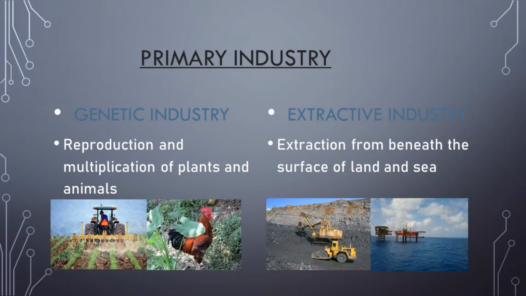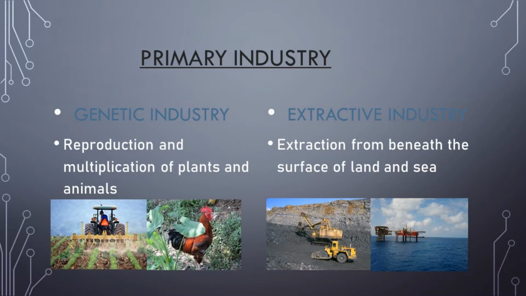Primary industries are further divided into two parts. First is genetic industries, second is extractive industries. Now let's see what these are. Genetic industries are those industries which are engaged in the reproduction or multiplication of certain species of plants and animals.